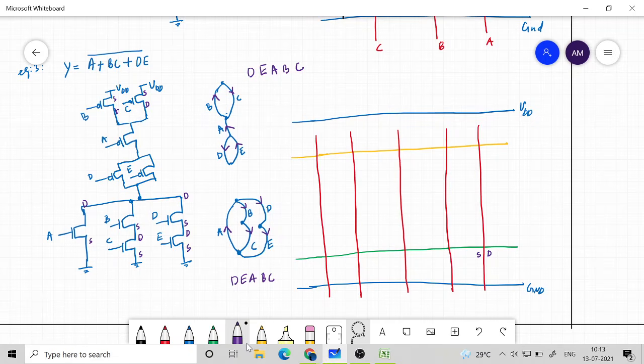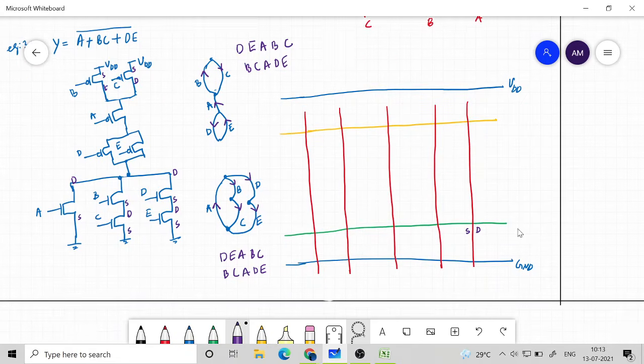Maybe I can start with B also. Another option is I can start with B. So B, C, A, D, E. Let's see. So this is also another option. If you keep that A in between, we can succeed.